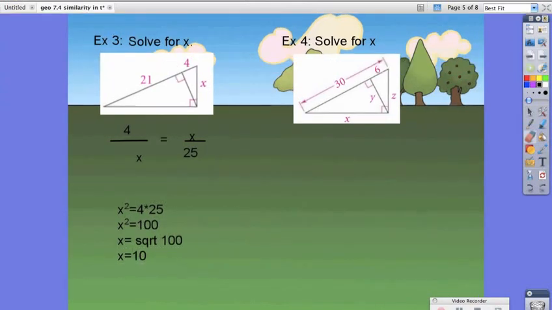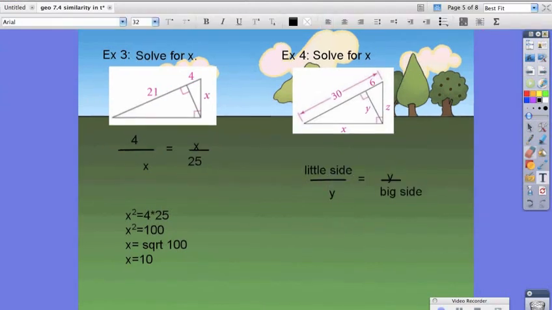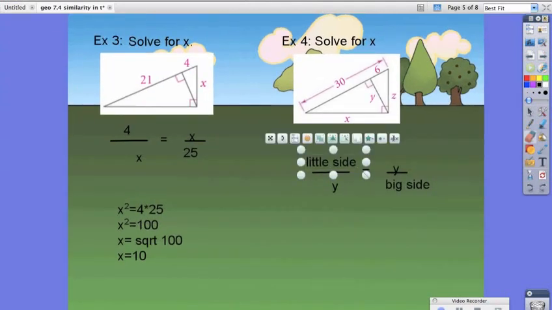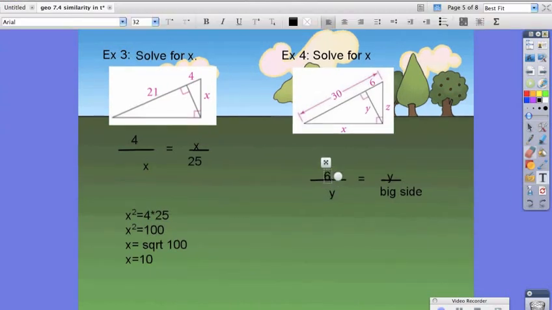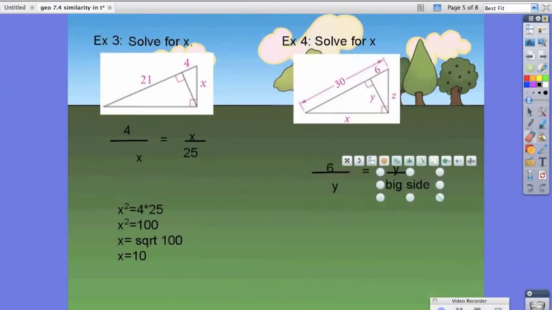Last but not least, we have to solve for x, y, and z. So, however you want to look at this, we'll just choose y first as our geometric mean. So our geometric mean is y. Notice they try and trick you here. The small side here is 6. The large side is not actually 30, but rather 30 minus 6, which is 24.